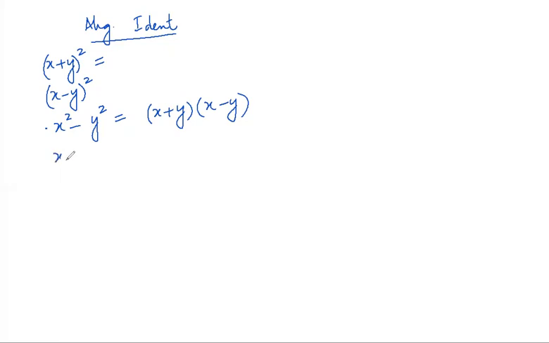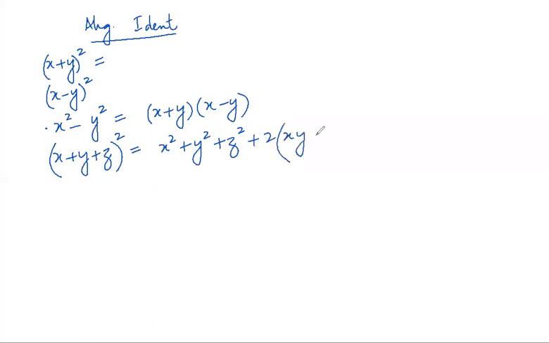Then comes students x plus y plus z whole square, where three terms are involved. Very important. Well, this is x square plus y square plus z square plus 2 into xy plus yz plus zx, or you can say xz. It's used quite commonly.